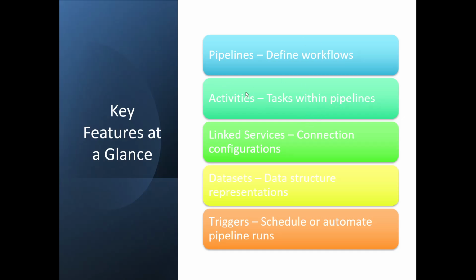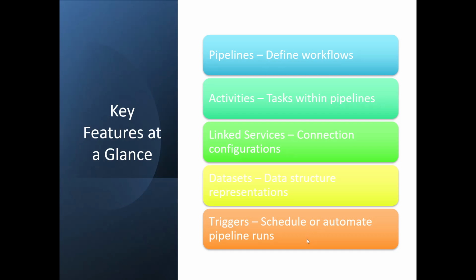So when you get the data, then what are you going to do with it, or how are you going to transform it? And link services. So what are the connection configurations that you're going to make? You can't just transform the data and you don't have any connection configurations. And the data sets, which are the data structures, how you want to see it.